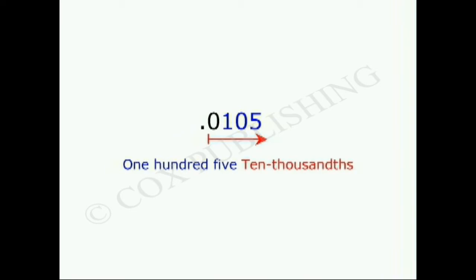The numerical part is 105, and the place value is 10 thousandths. So it's 105 10 thousandths. Excellent. What about this number, Bruno? That's written as 53, which is the whole number part, and 25 hundredths, which is the decimal part. 53 and 25 hundredths.